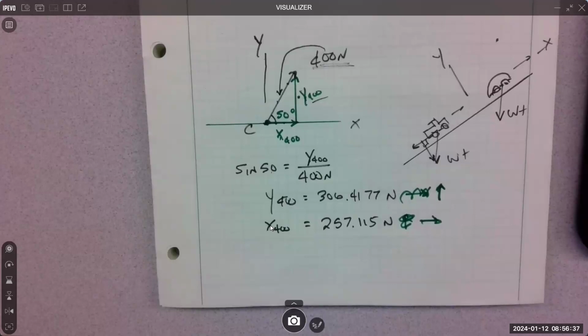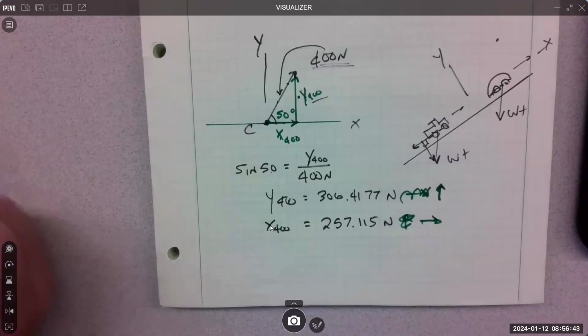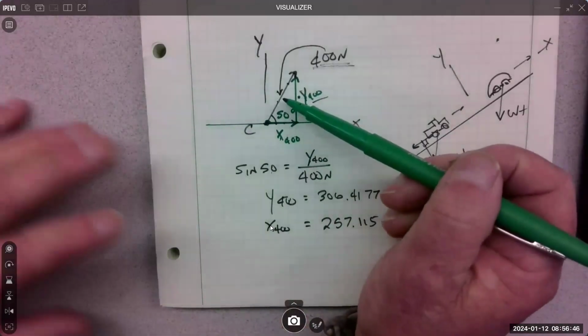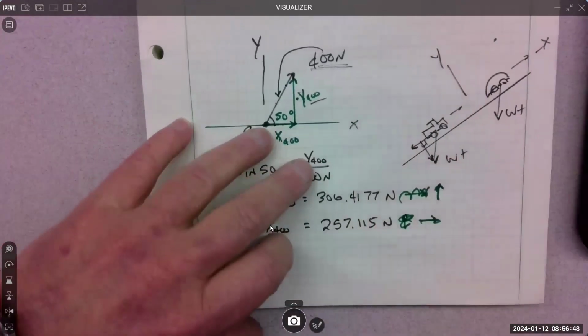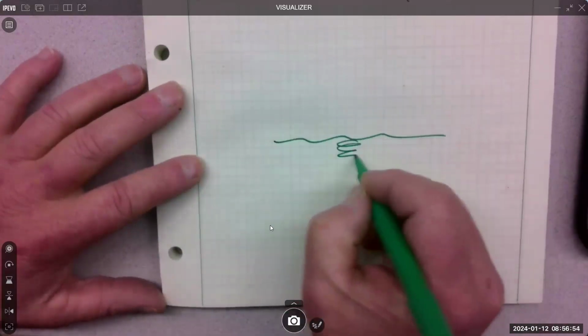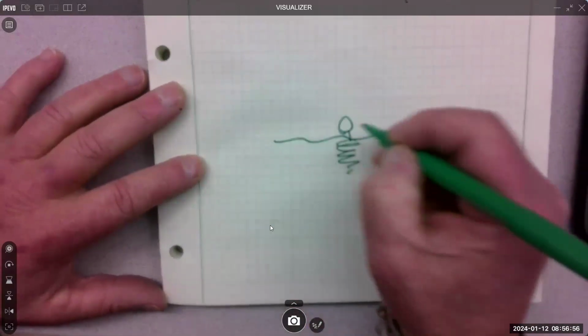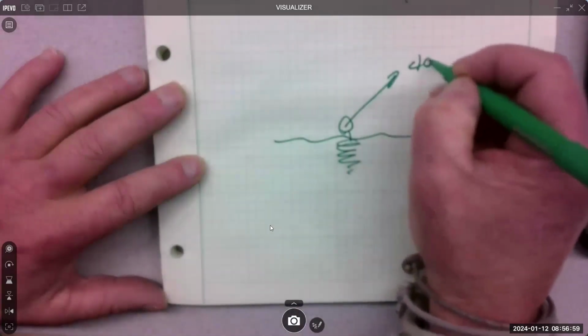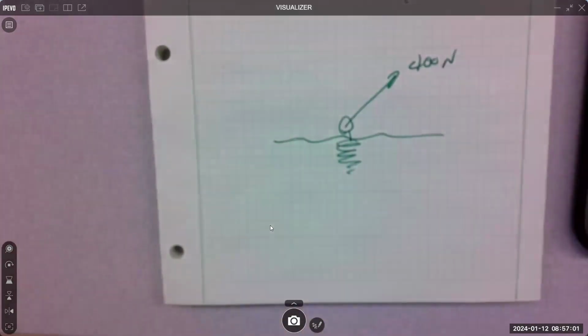Does it necessarily matter, because you could, well, no, never mind. It definitely matters. For example, if that 400 newtons was applied to some kind of anchor. So here's the ground, we have a spiral anchor coming up, we have an eye, and then we have 400 newtons, right?